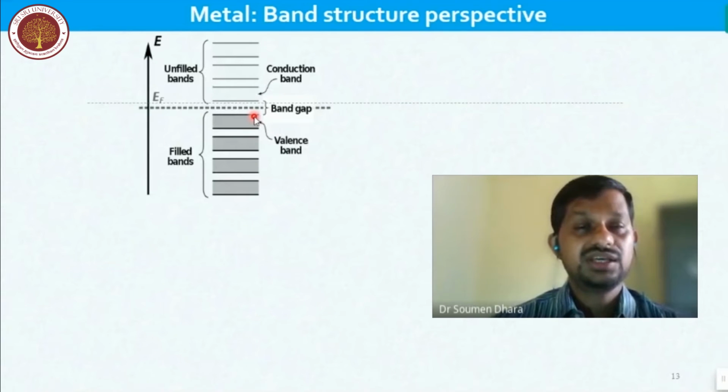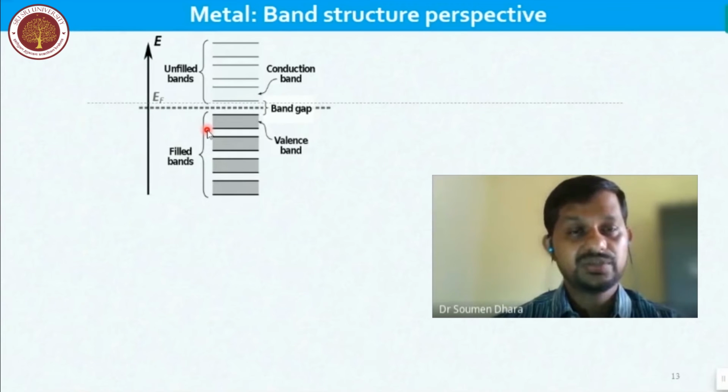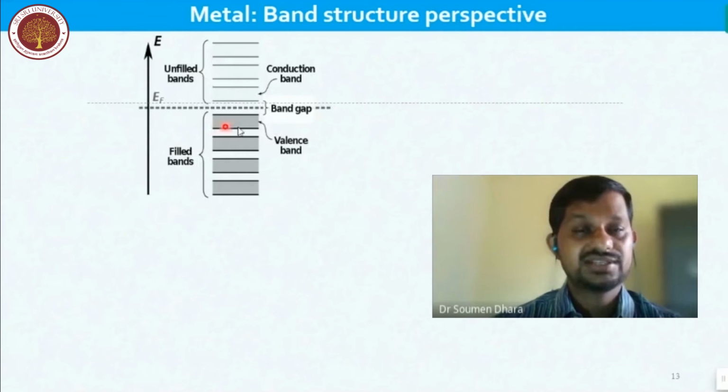Then the highest completely filled energy band we call the valence band. The valence band is what? It is the highest filled energy level for any material. So that is the valence band. And the next empty band is this one. This is the conduction band.